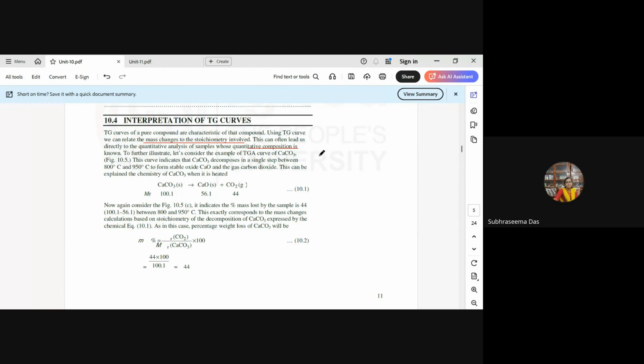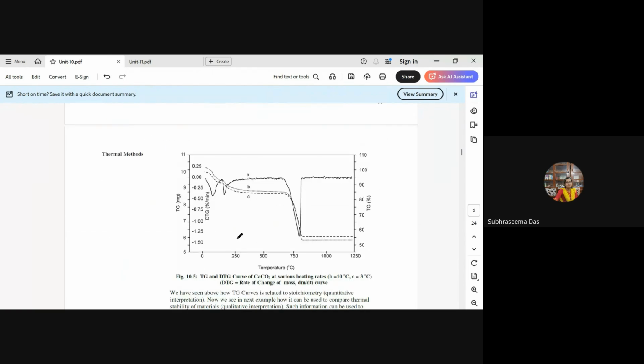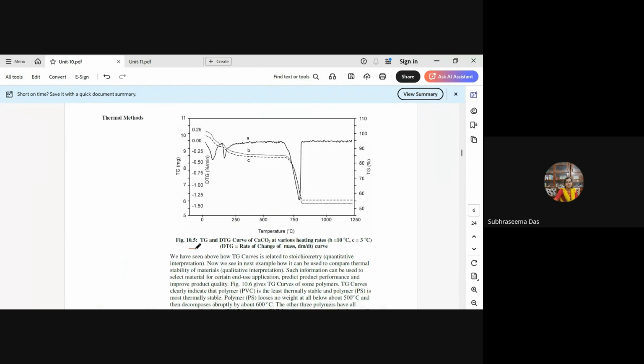So now let us take an example of the TGA curve of calcium carbonate. Here in figure 10.5, you can see both the TGA and DTG curves of calcium carbonate at various heating rates. TG means the x-axis is the temperature and the y-axis is the mass loss, and the DTG curve means the x-axis is the temperature and the y-axis is the first derivative of the mass loss.